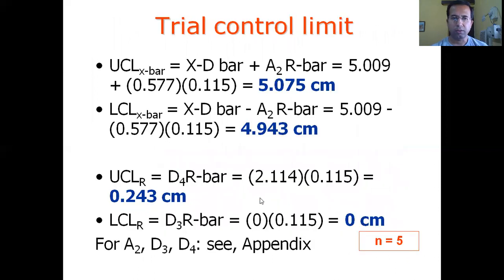Further, I can get the values of the upper control limit and lower control limit: 5.075 and 4.943. Now I'm going to check whether any x bar value of any sample is falling outside these control limits.